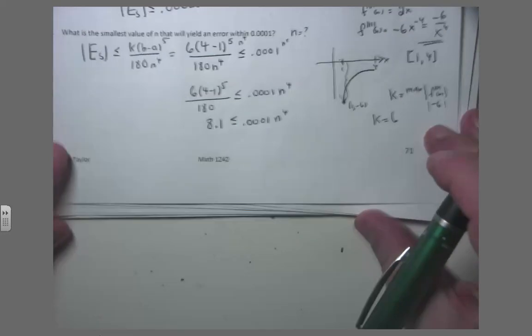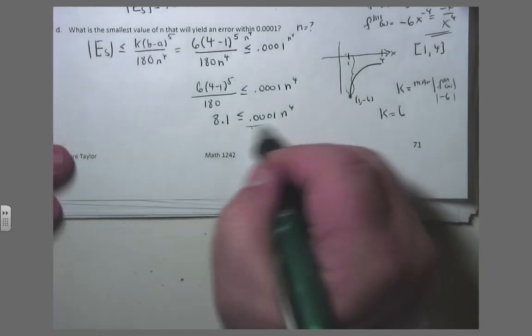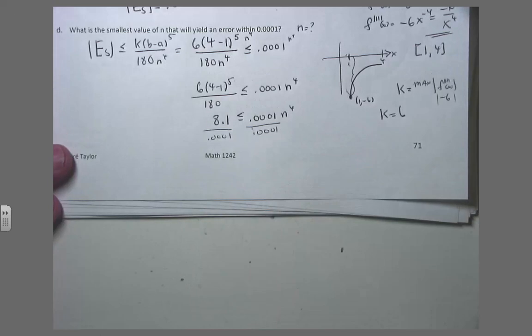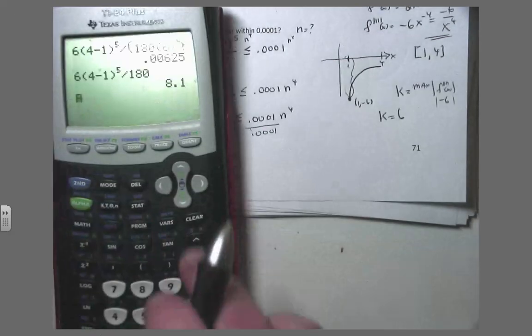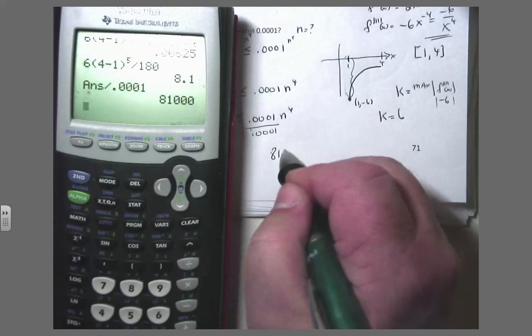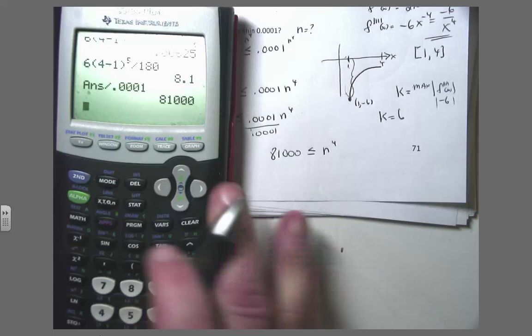Now, what am I going to do to solve for n to the 4th? What's my next algebra move? Because this is nothing but arithmetic here. I'm going to divide by 0.0001 on both sides. When I do that, I end up getting 81,000 is less than or equal to n to the 4th.